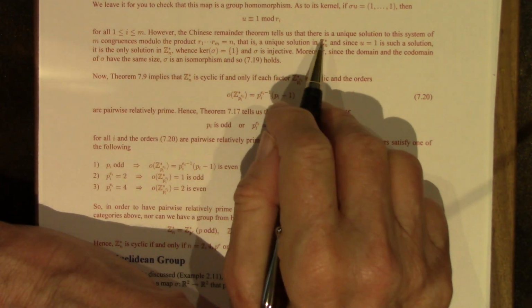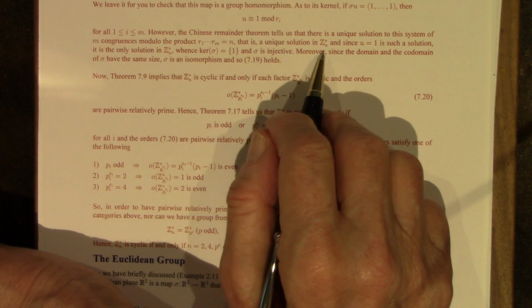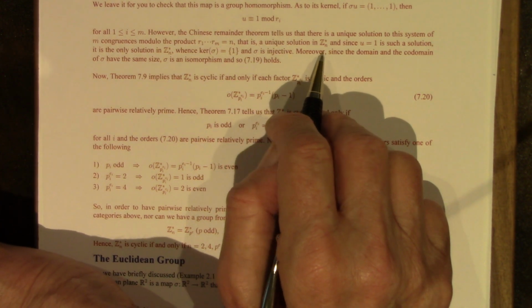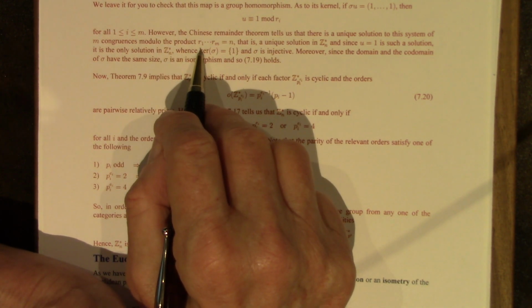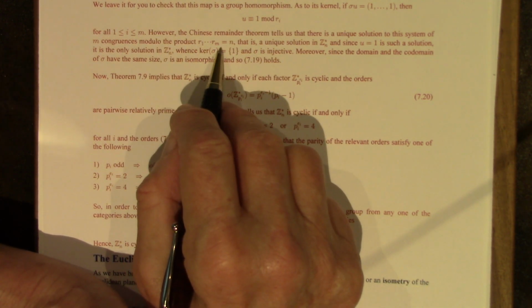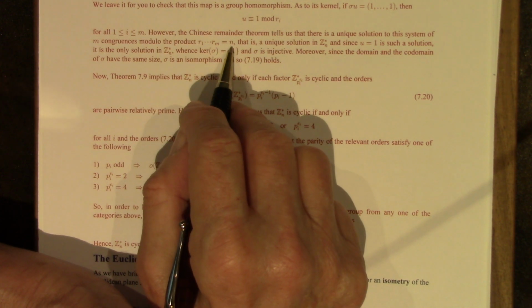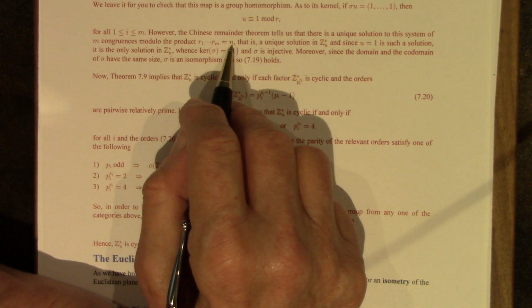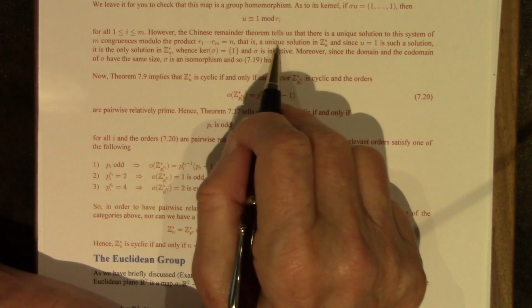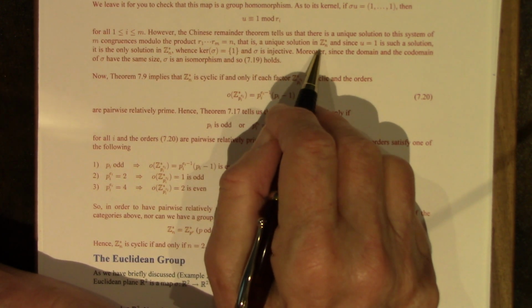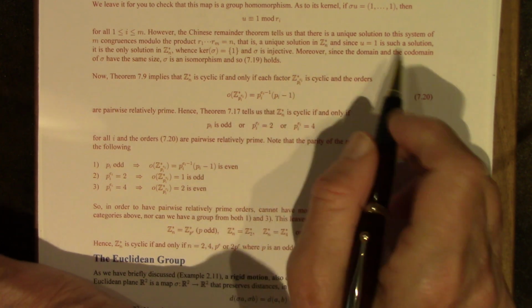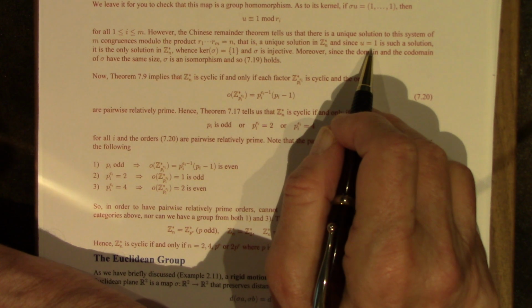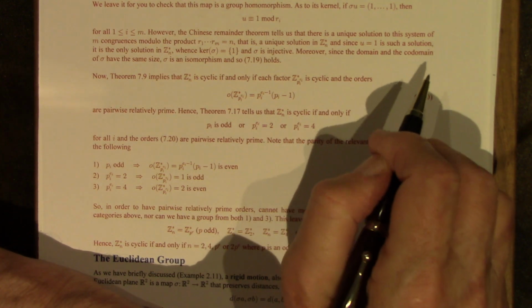It tells us that there's a unique solution to this system of congruences modulo the product of the ri's, that's equal to n. So there's a unique solution mod n, or in other words, there's a unique solution in Zn star. Well, u equals 1 is such a solution.